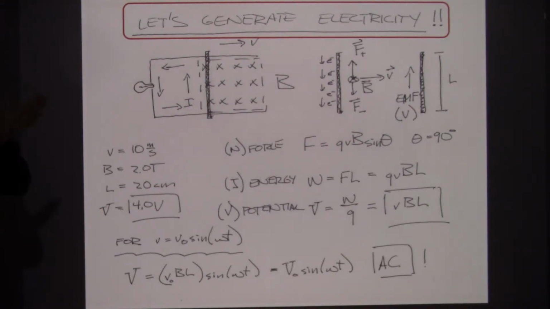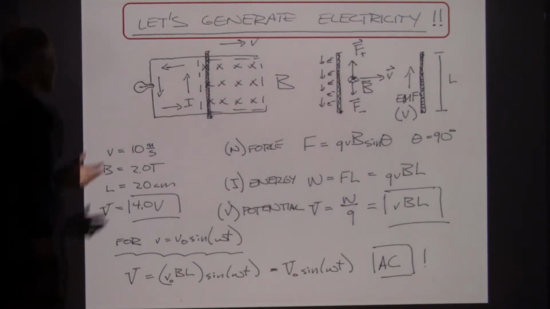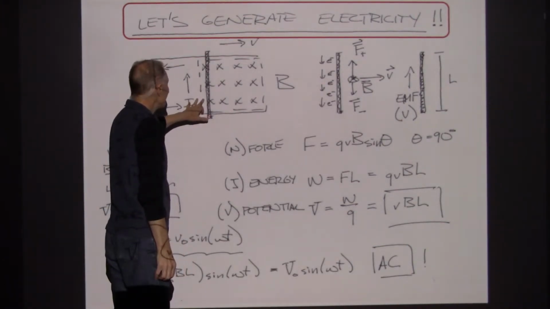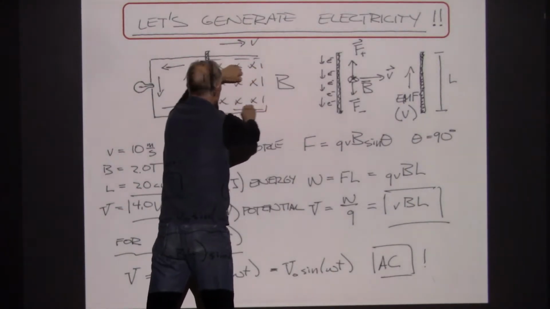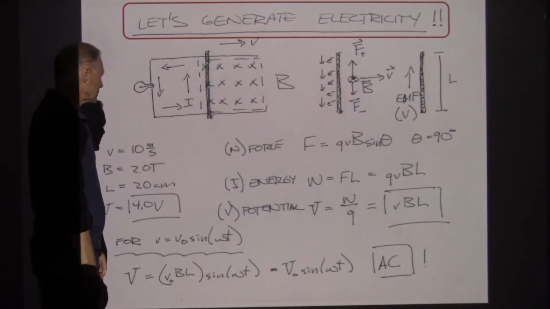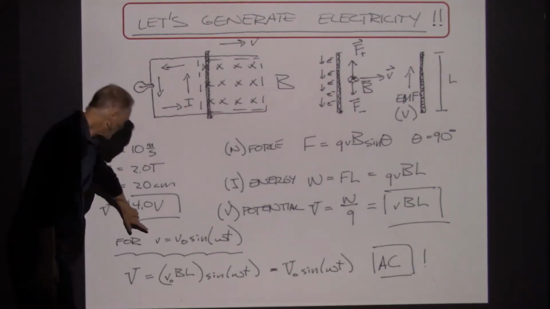The current is going to oscillate directions. Have you guys ever heard of current that oscillates back and forth? Hey, it's going to be an AC generator, right? So that's what's going to happen here. We'll end up with an AC generator if I take this bar and have it move back and forth in this fashion. So that's what I've done down here.